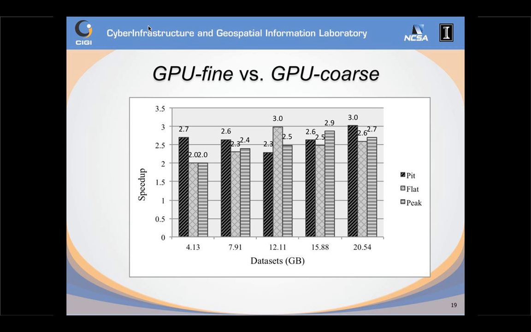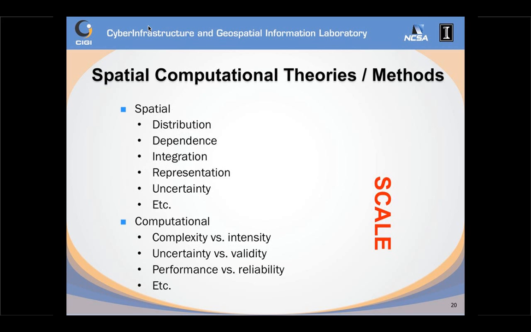Another interesting thing to point out here is that depending upon the terrain features, you see flat and peak in the different aspects of the terrain. In fact, the algorithmic performance varies. So this again shows you the spatial characteristics. Having a good understanding of those characteristics also provides you guidance for understanding the performance of your analytics.